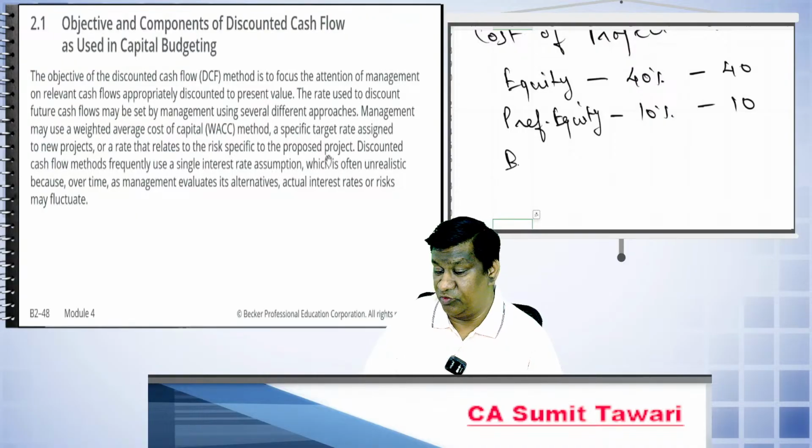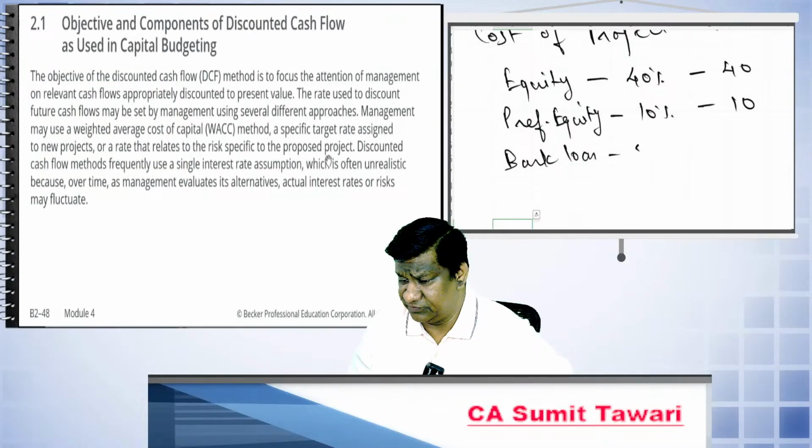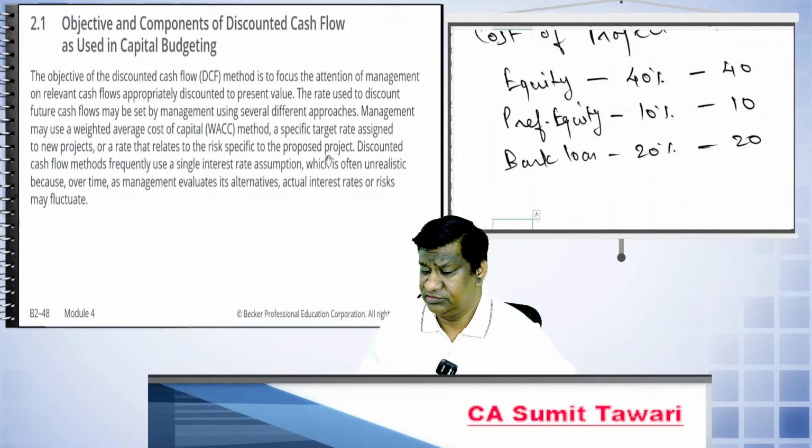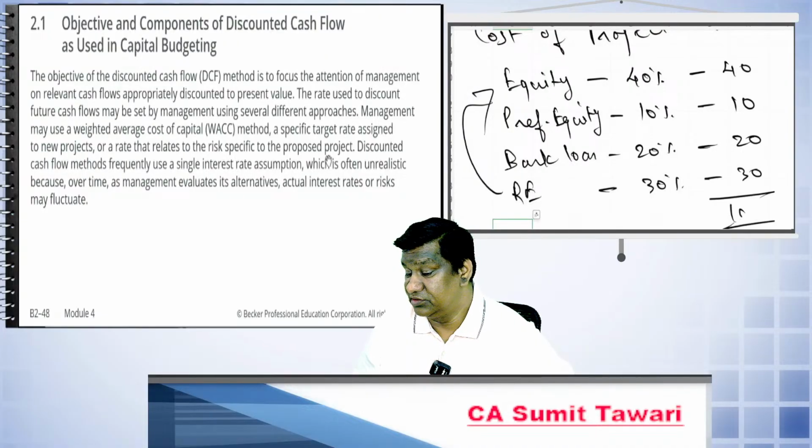Then bank loan, that you can consider 20%, 20 million. And the retained earning is also again part of equity, which is 30%. Altogether it is 100.